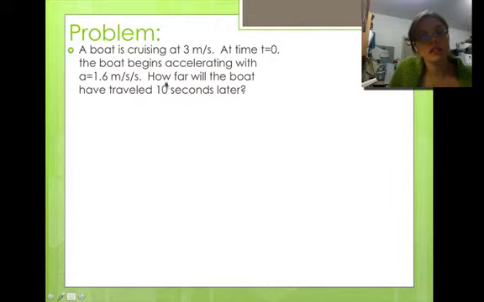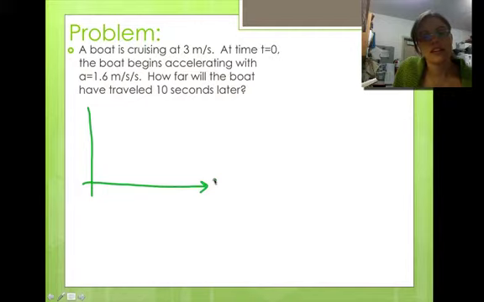Okay, so again, we can draw a velocity time graph. Time in seconds and velocity in meters per second.